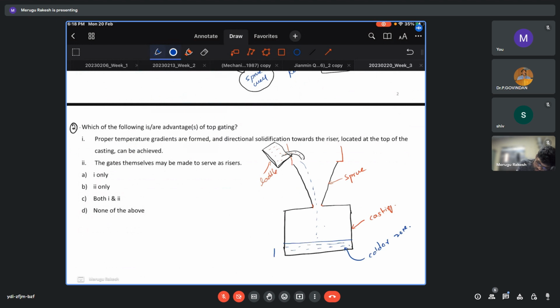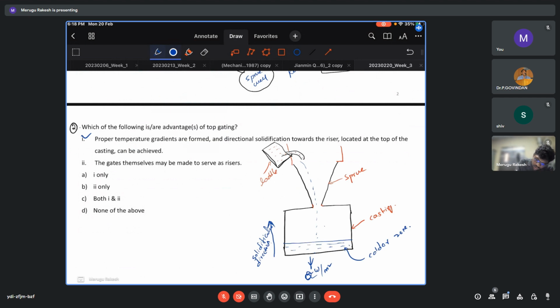Hence, the solidification direction will be upward, because heat flux is being removed from this direction. Hence, we can obtain directional solidification from bottom to top. So this would be the correct option.